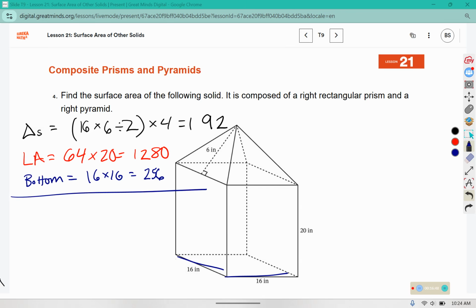So you can think of it as the triangles are the top, the lateral area is the middle, and then the bottom is the base. So the total surface area would be 192 plus 1,280 plus 256. When you add all those together, you should get 1,728 inches squared.